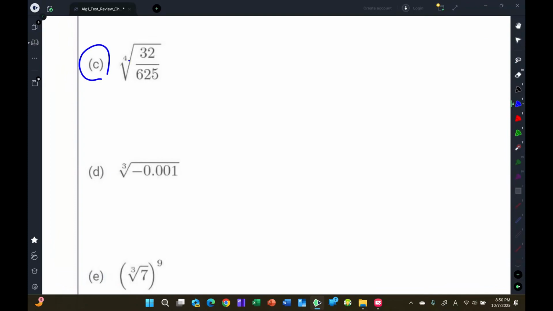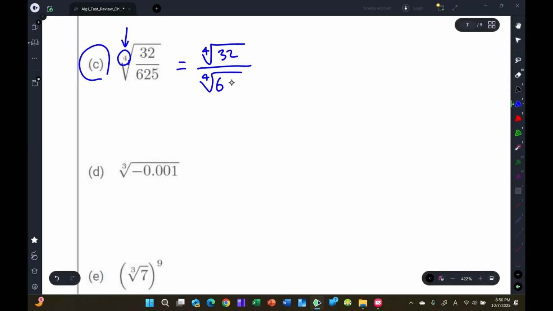I have a 4th root. This is so small to look at, but it's 4, okay? It's a 4th root. And I could separate the root top and bottom. 4th root of 32 and 4th root of 625, right? It's easier to see than a fraction, right?